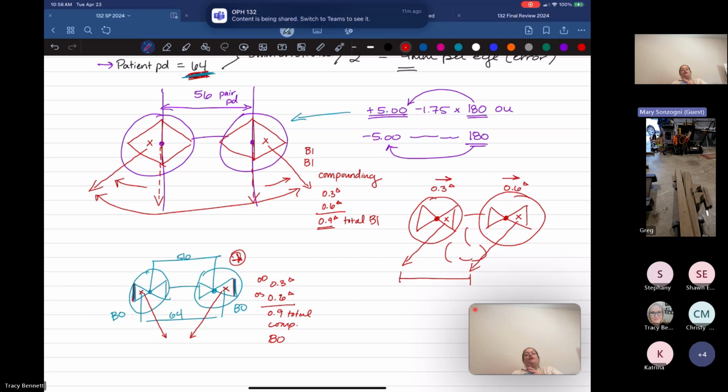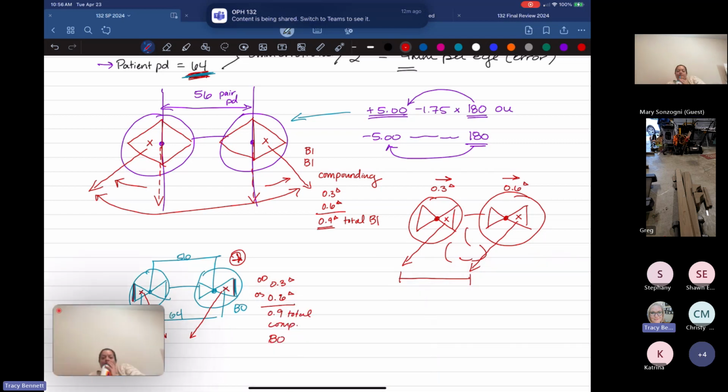Yeah, and it's base out, right? Yes. So you're saying the base direction is base out for this eye. What's this one though? This is the right eye.